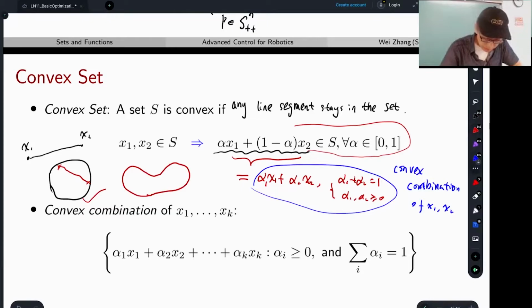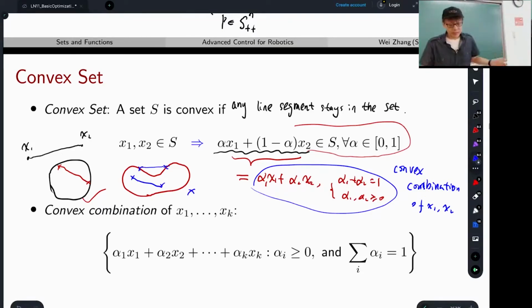No. If you pick a point here and a point here, it contains the line segment, right? So this part is okay, but if you pick a point here, it goes out. So the set is non-convex. Just to make sure that it's aligned with your intuition, this set is indeed non-convex.